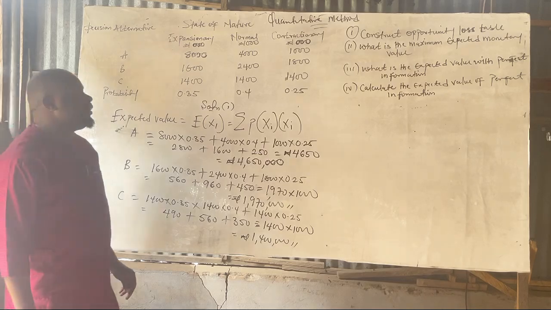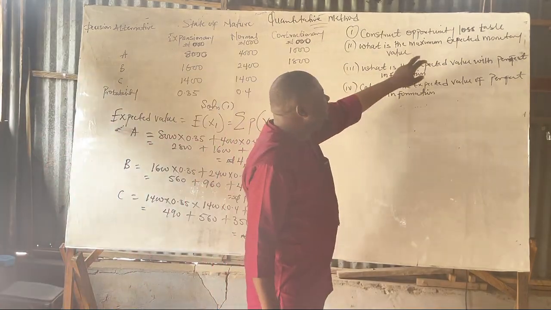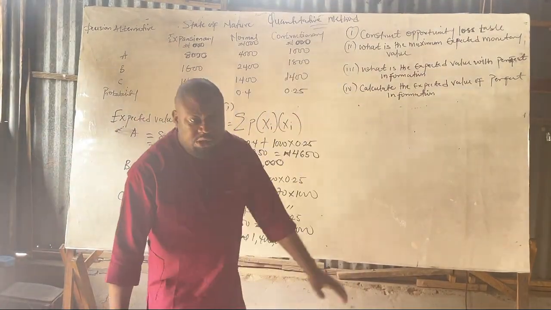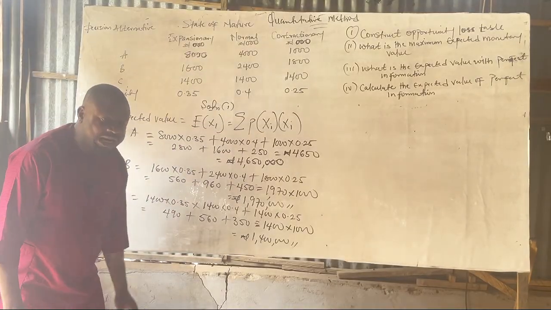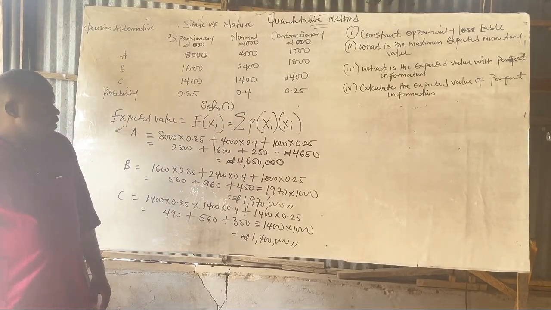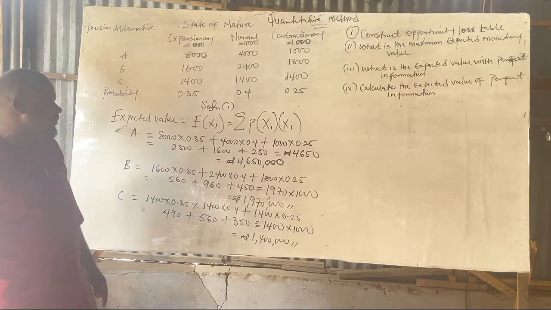1.4 million. Now the question said, what is the maximum expected monetary value? The maximum expected monetary value will be used as a basis for our decision. Now, which of these expected values gives us the maximum here?